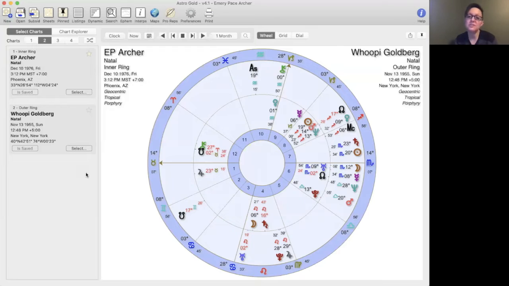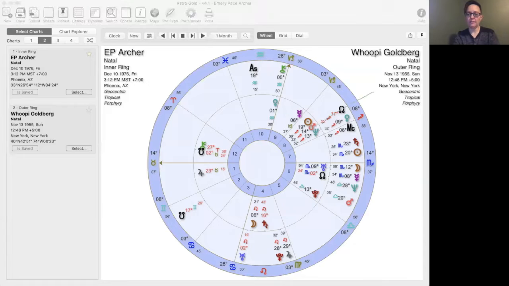Conjunctions are really easy to see because you can see two planets kind of colliding. So let me show you the conjunctions here in this relationship chart. We've got right here, and it's in a funny green color, so I'm going to make it purple. If you look right here, we've got the moon and Uranus.